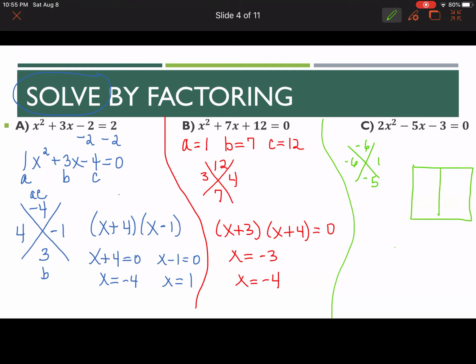So I'm changing it to a 4-termer. The 2x squared has to go here, and the negative 3 has to go diagonal. And you fill up the other 2 squares with negative 6x and positive 1x. So we're going to take out our greatest common factor from each row.